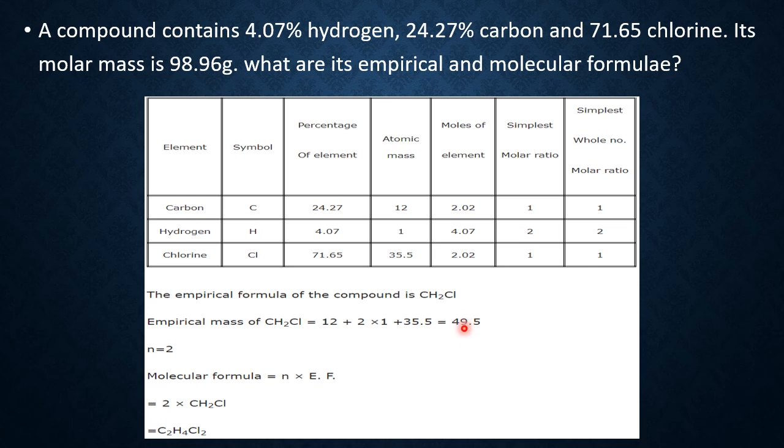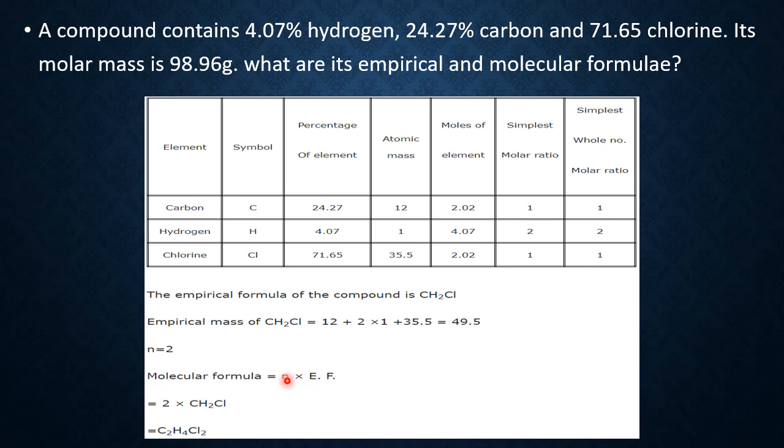Now we will go to the determination of the molecular formula. For this, one more step is there: the molecular formula is equal to the empirical formula n times. What is n here? n is equal to the molecular mass divided by the empirical mass.